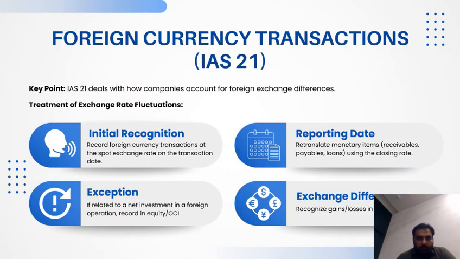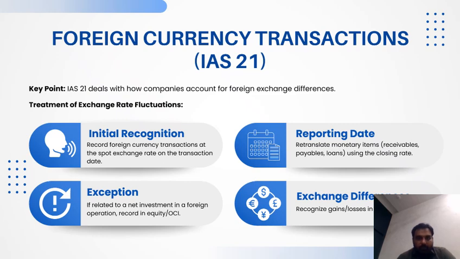IAS 21 Foreign Currency Transactions. IAS 21 guides us on how to account for foreign exchange differences. When a company records a transaction in foreign currency, it must use the spot exchange rate on the transaction date. At the reporting date, monetary items like receivables, payables, or loans are translated at the closing rate.